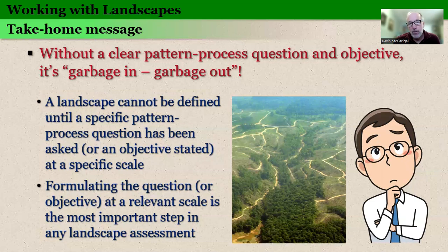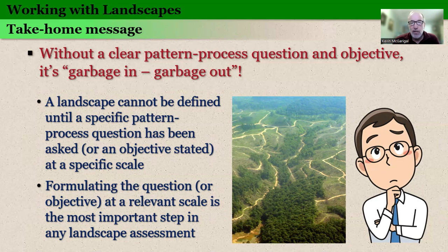So the take-home message from this presentation is, once again, without a clear pattern process question and objective, it's garbage in, garbage out. Specifically, a landscape cannot be defined until a specific pattern process question has been asked or a SMART objective stated at a specific scale.